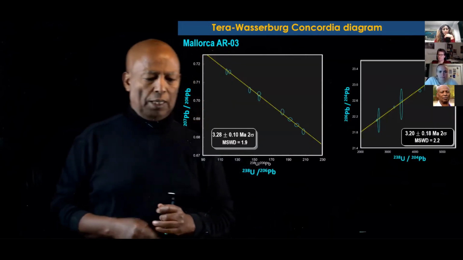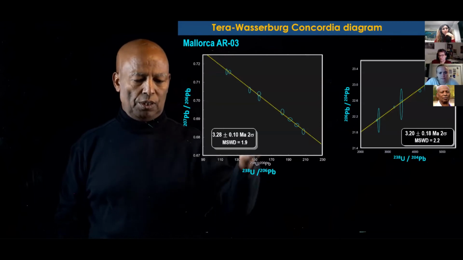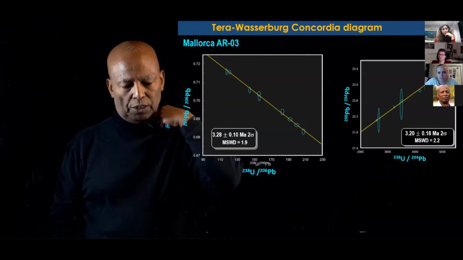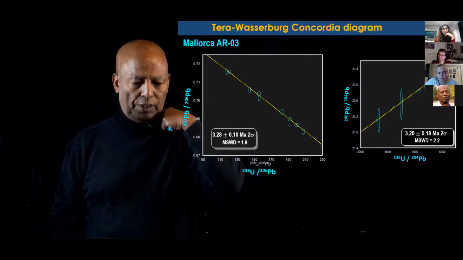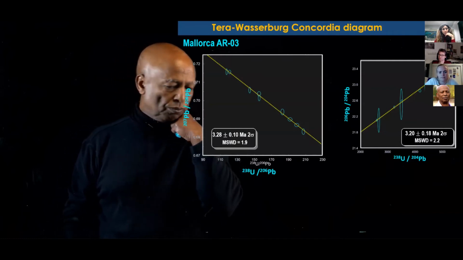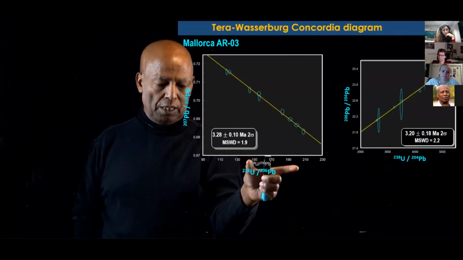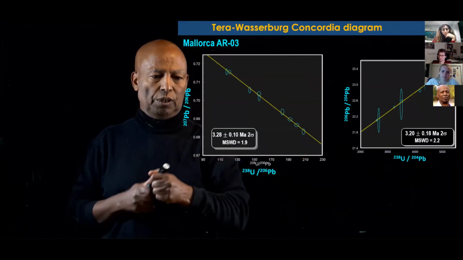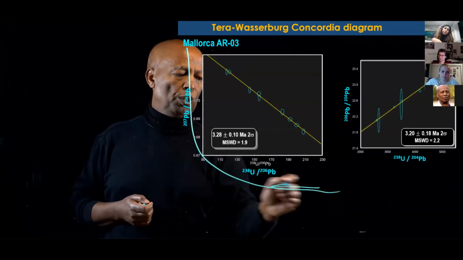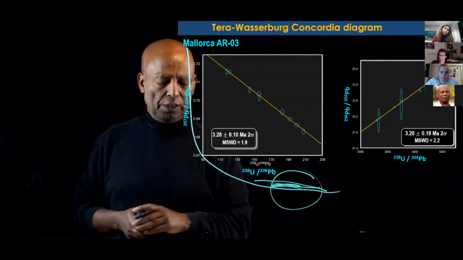So this is an isochron age for, again, AR03. The reason this shows as linear is that we're just looking at the very young age part of the curve. The full curve looks like this, so we're playing in this region in here.